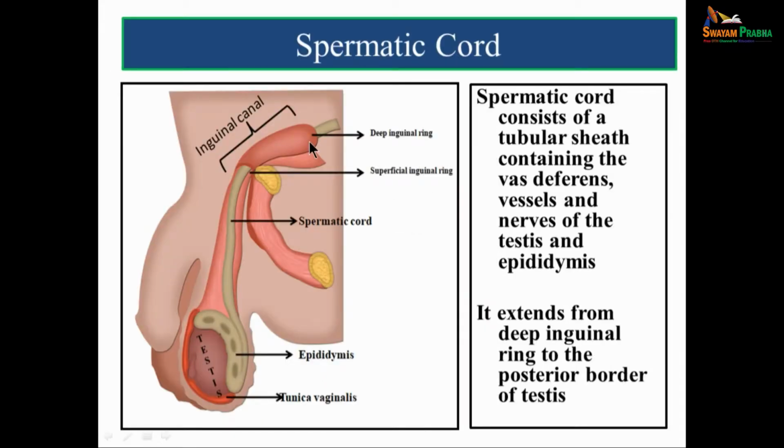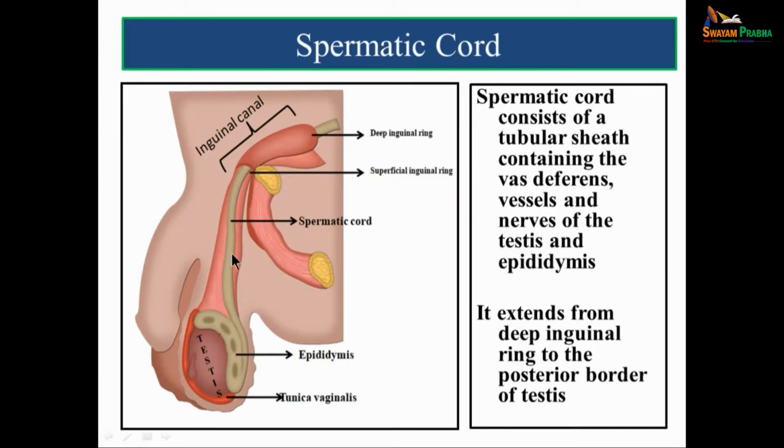The spermatic cord is the one which suspends the testis. The spermatic cord consists of a tubular sheath containing the vas deferens, vessels and nerves of the testis and epididymis. It extends from the deep inguinal ring to the posterior border of the testis. Now look at this picture here. This is the testis. Along the posterior border, we have a comma-shaped structure that is called the epididymis.